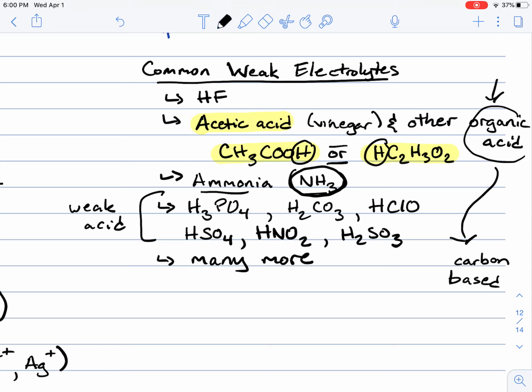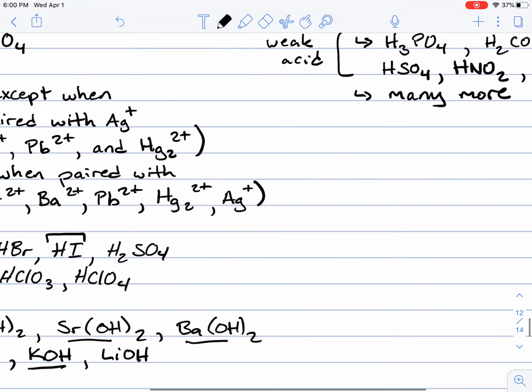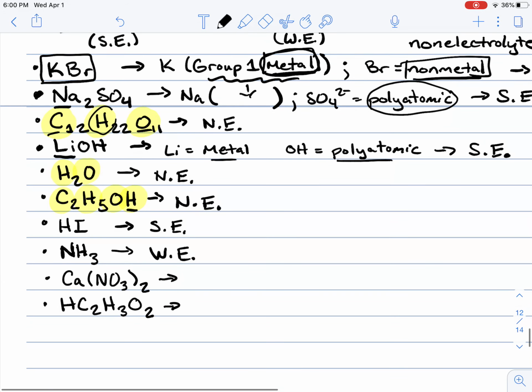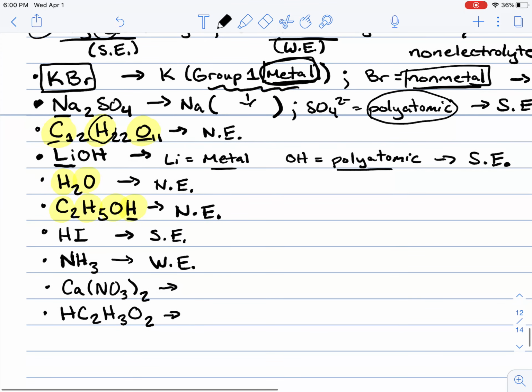And since it's a common weak electrolyte, we can go ahead and just put in WE. So for some of these compounds, you really have to check both lists before you arrive at your final answer. It doesn't hurt to double check before you lock it in, so to speak.